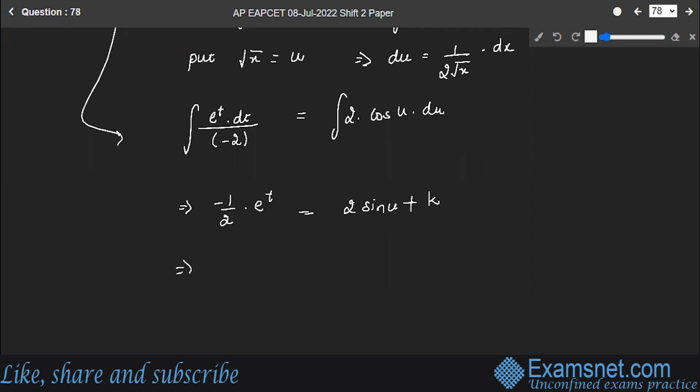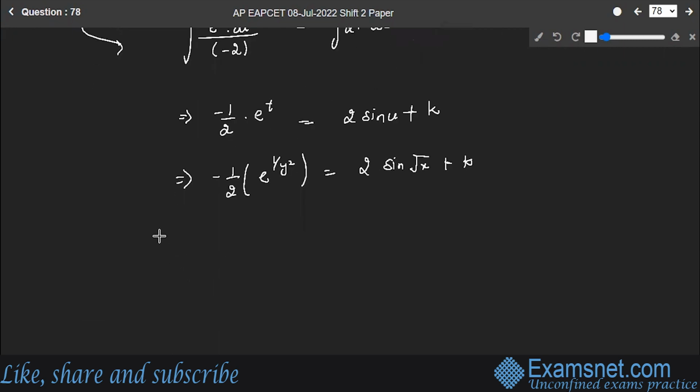Now I'll be putting the value of t. This is minus 1 by 2 e raised to power 1 by y² is equal to 2 sin √x plus k. You are given one more thing, that y(0) is equal to 1. That is, the function at x equal to 0 is equal to 1, which means when x is 0, y will be 1.